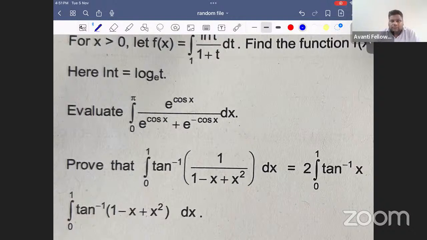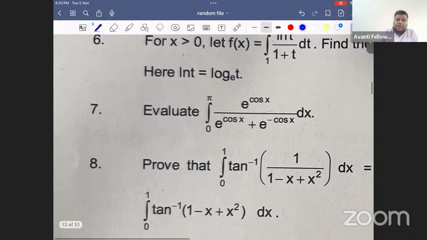Priyanka, Pallavi. How are you trying? Switch on your mic first. Did you guys get question number 7? Answer to question number 7 quickly.